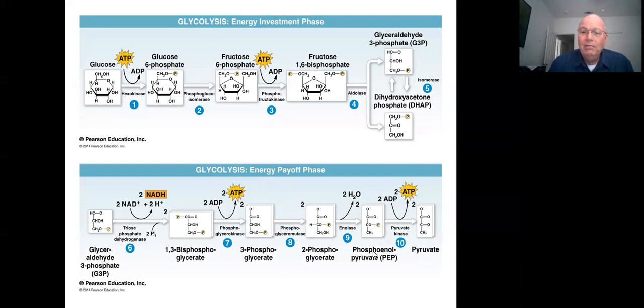The phosphate on the molecule PEP is transferred to ADP to give us pyruvate. And again, remember, there are 2 G3Ps, giving rise to 2 pyruvates.